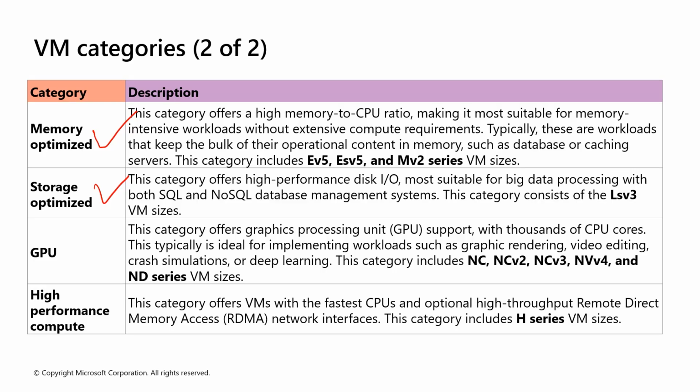Storage optimized, high-performance disk I/O, best for big data processing. GPU supports graphics processing, suitable for rendering, video editing, and deep learning. And high-performance compute, fastest CPUs, and optional high-throughput networking for demanding workloads.